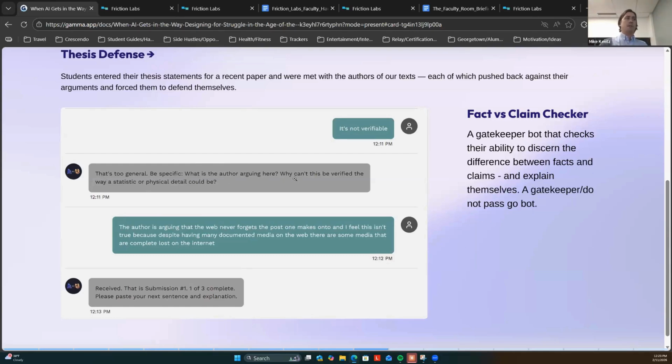What is the author arguing here? Why can't this be verified? Now I see my students doing a better job of justifying why they think it's a claim. At the end, as a gatekeeper, it says, okay, that's submission number one, move on to number two, and they can't finish until they've done 3 submissions. So that's how I've been using it in my writing class.